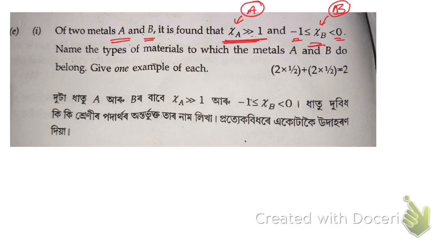Now you see, for metal A the susceptibility is very much greater than 1, so it must be ferromagnetic.